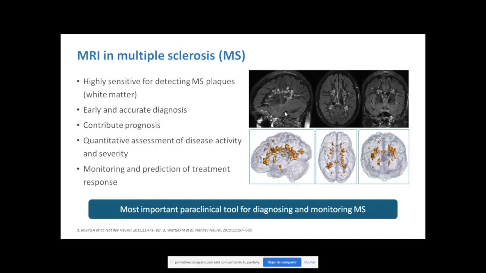And also, thanks to different markers, we can quantify the degree of disease activity and severity. Nowadays it also plays a very important role in monitoring and predicting treatment response.